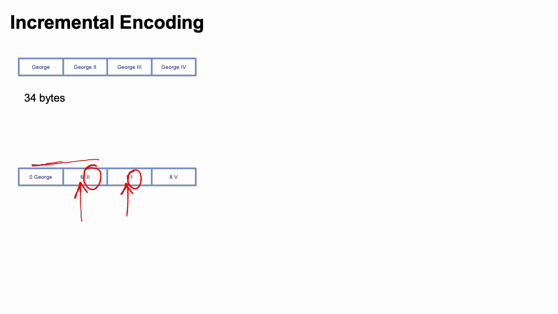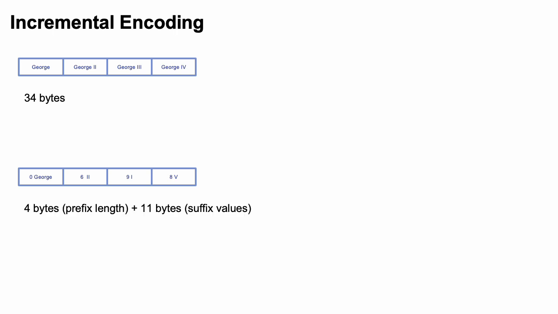Similarly, for George IV, it takes a certain length of the prefix and then appends a suffix on top of it. So by going through all the values in sequence, we will be able to regenerate the actual value which was in the data. By doing this, we will be able to encode 34 bytes into just 15 bytes.